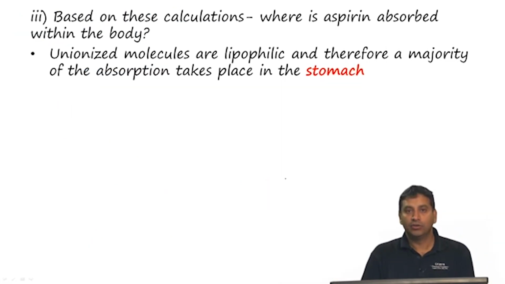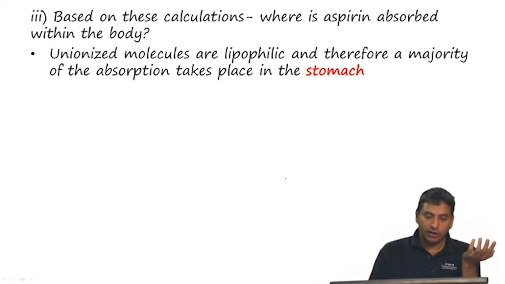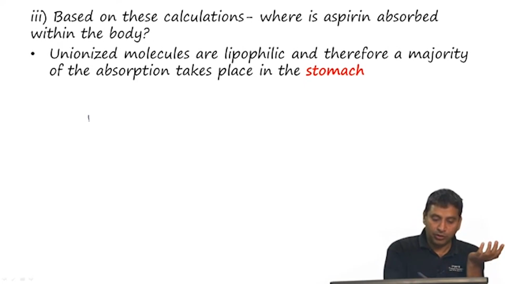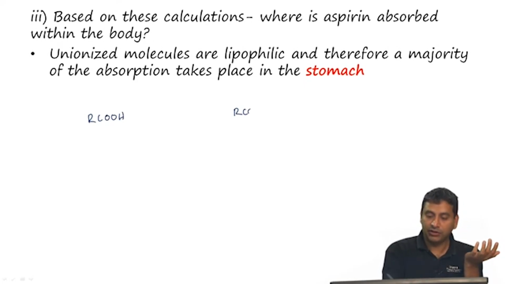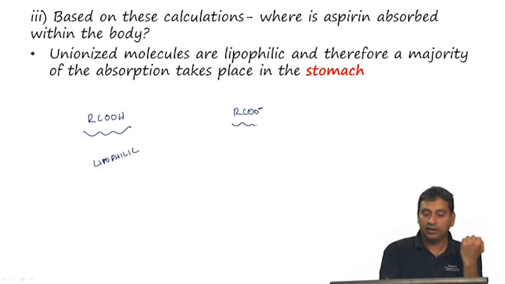Okay. So, the third part of this question is, based on these calculations, where is aspirin absorbed within the body? If you look at the molecule, which is basically RCOOH and RCOO minus, RCOOH is more lipophilic and RCOO minus is more hydrophilic.